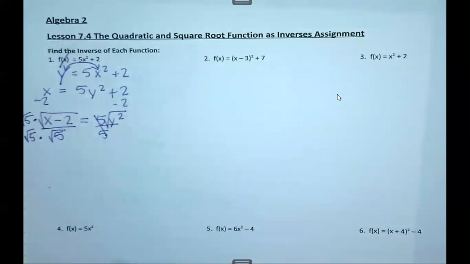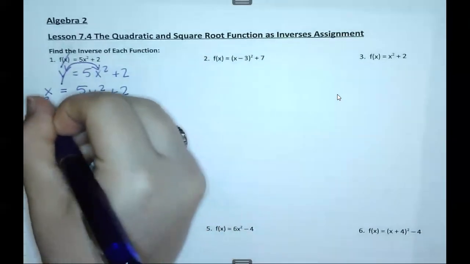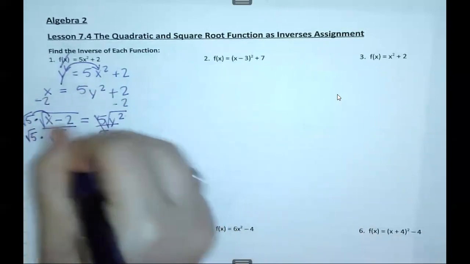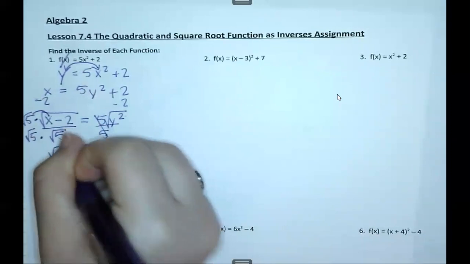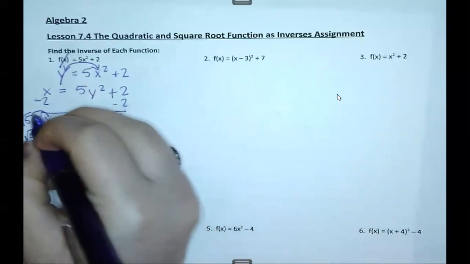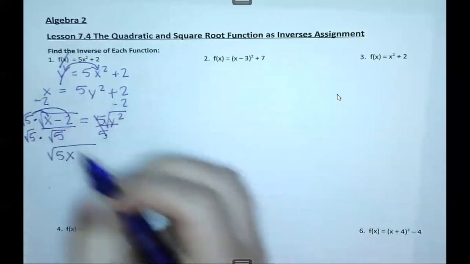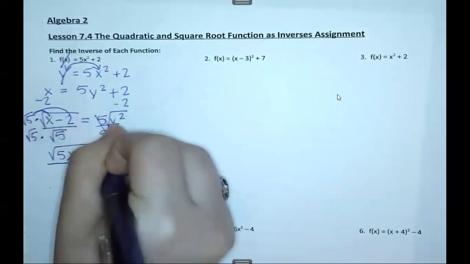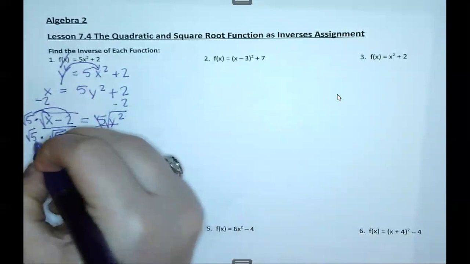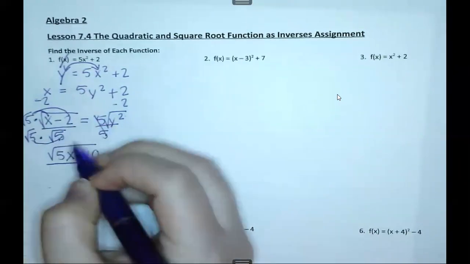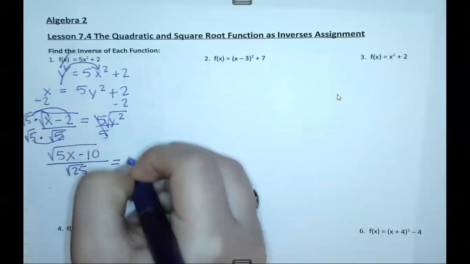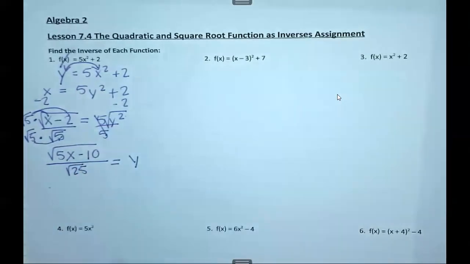So we multiply what's underneath the square root. So in the top, that would be 5 times x, which is going to give us 5x, and 5 times negative 2, which is going to give us negative 10, all over 5 times 5, which is going to give us the square root of 25, equals y.